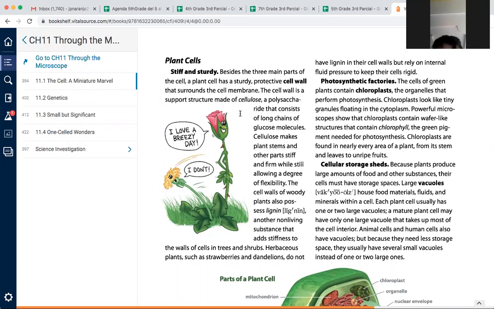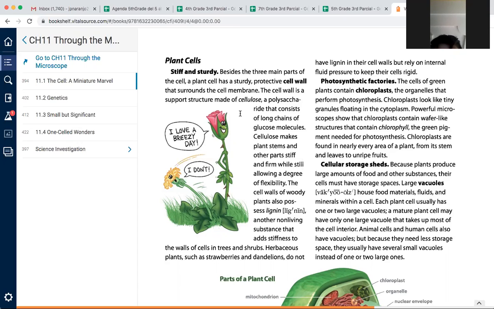Cellular storage sheds. Because plants produce large amounts of food and other substances, their cells must have storage places. Large vacuoles house food material, fluids, and minerals. Within a cell, each plant cell usually has one or two large vacuoles.